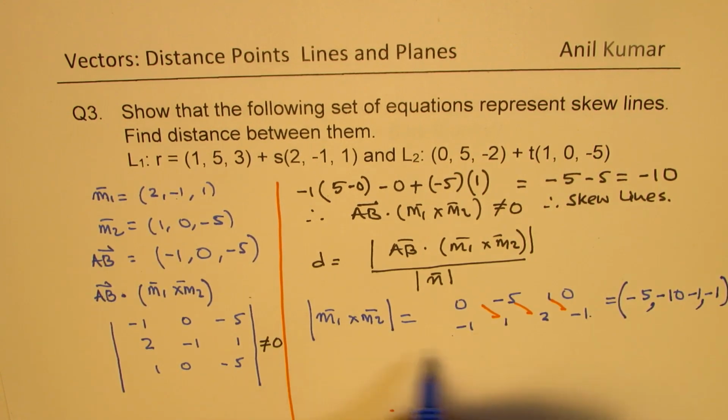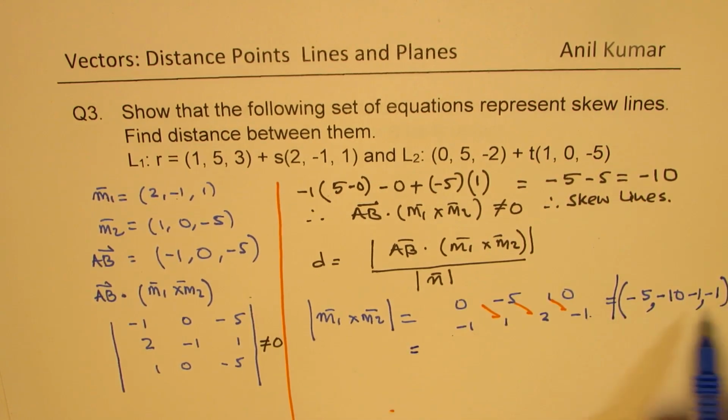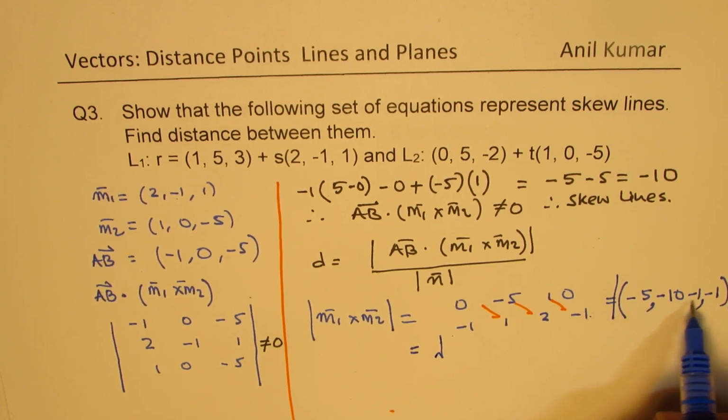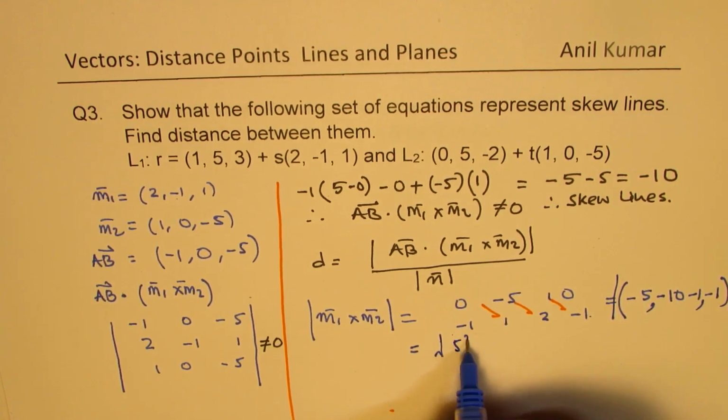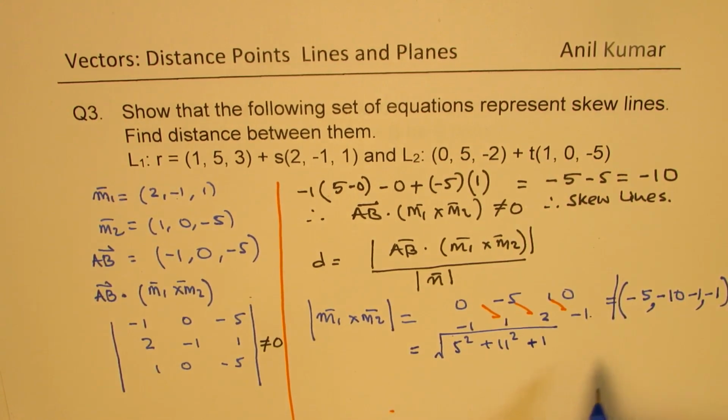So the magnitude of this, is it clear? The magnitude will be square root of 5 squared plus 11 squared plus 1, correct? That is the magnitude of this, which we are going to replace here.